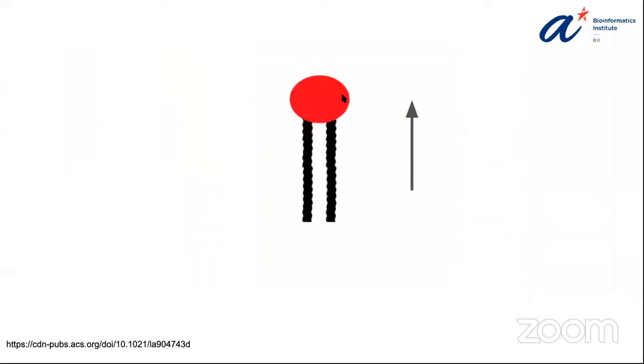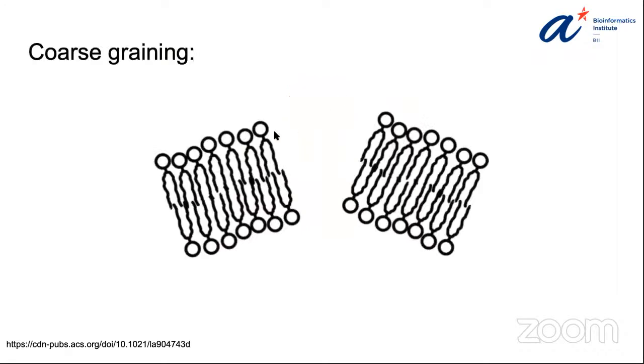Okay. So this means that we can assign a vector, and that vector points towards the head. And we are going to do something called coarse graining. So what does coarse graining mean? It means that we're going to assume that there are pieces of the membrane, and these pieces are going to come together.